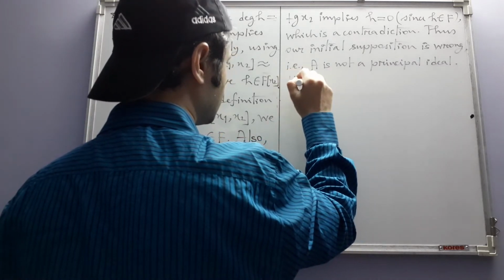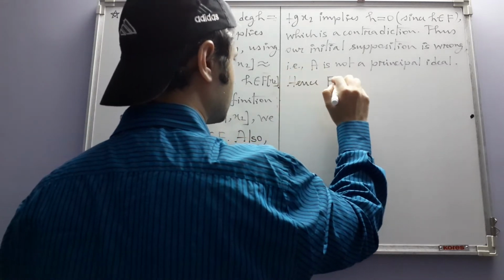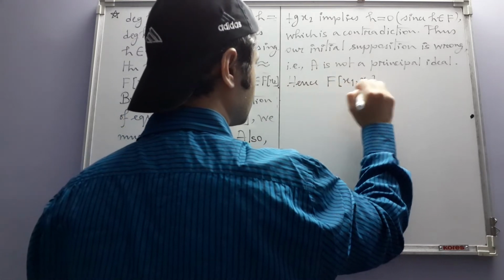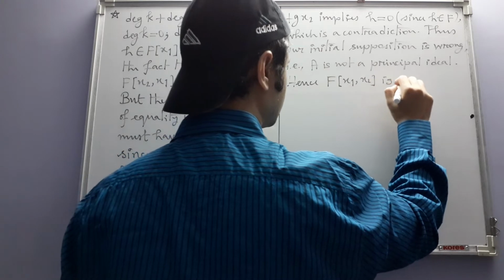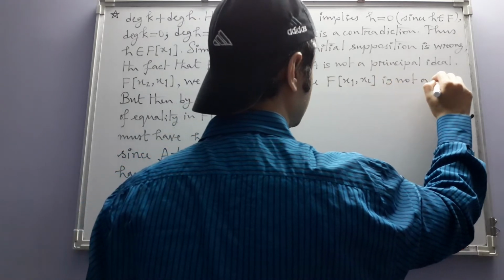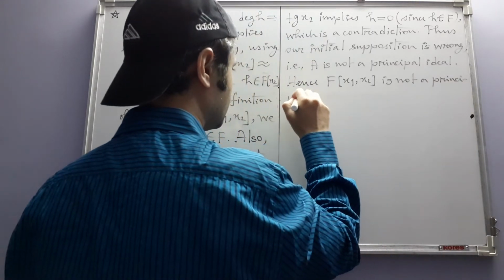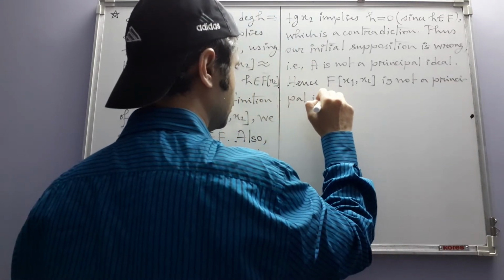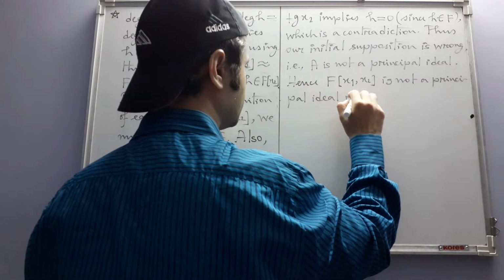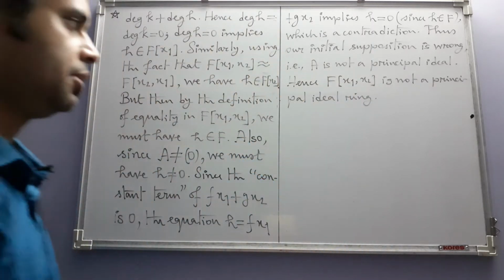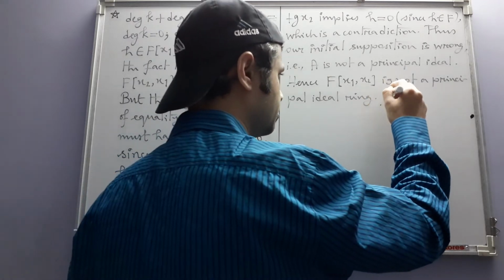Hence, this is not a principal ideal ring. Okay, so we have completed the solution.